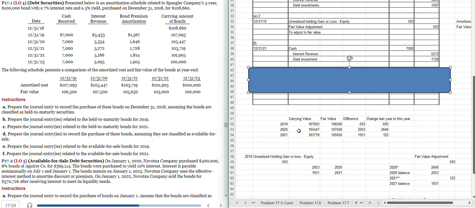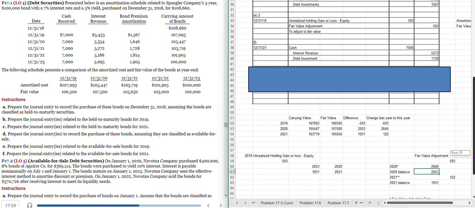For 2020, our carrying value was 105,447, and the fair value was 107,500. So at the end of the period, we need to have our fair value adjustment account to have a debit balance of 2,053.